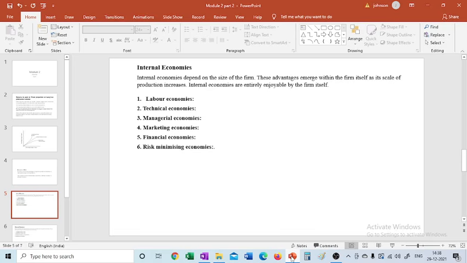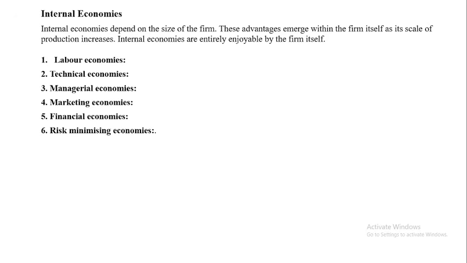The work will be divided into different processes, and each worker will specialize in one particular task. So he will become very efficient in that particular task. As a result, his efficiency and productivity will increase, and the producer will get increasing returns to scale, or his average cost decreases because of the increase in productivity of the workers.